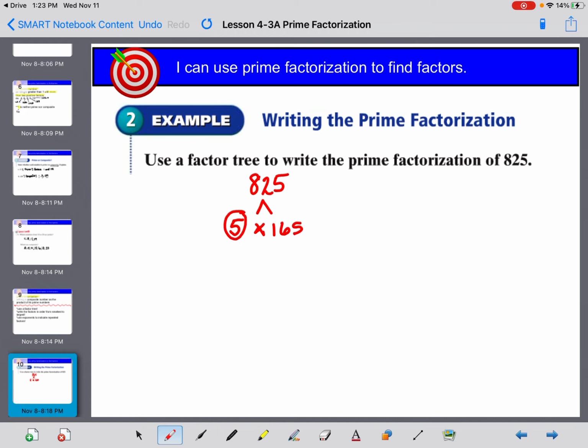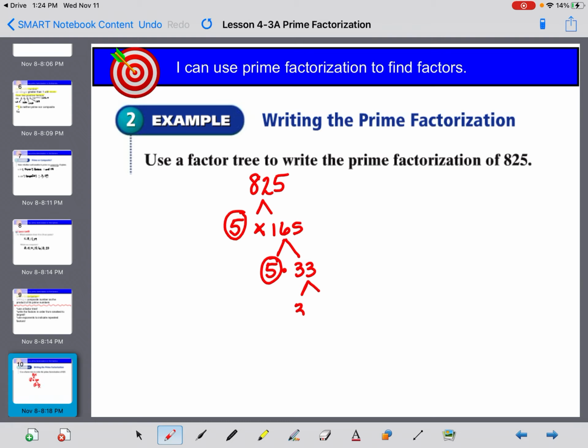As soon as one of the factors is prime, we're going to circle it. Because 165 ends in 5, I know that it's divisible by 5. So 5 times 33. 5 is prime, so I circle it.